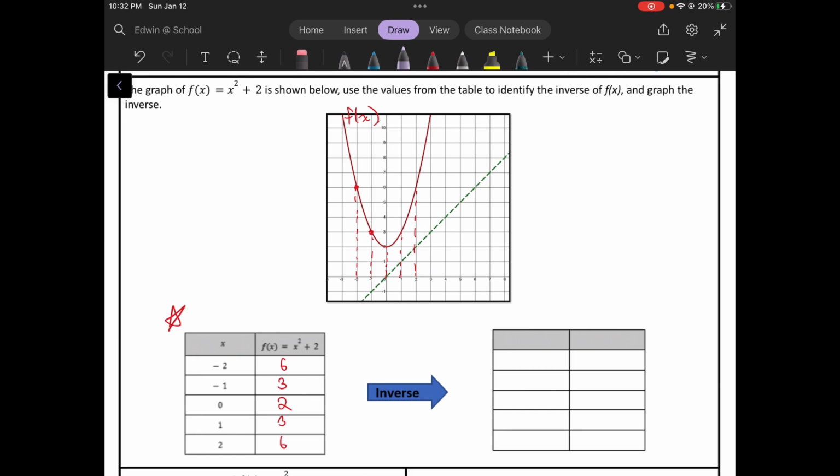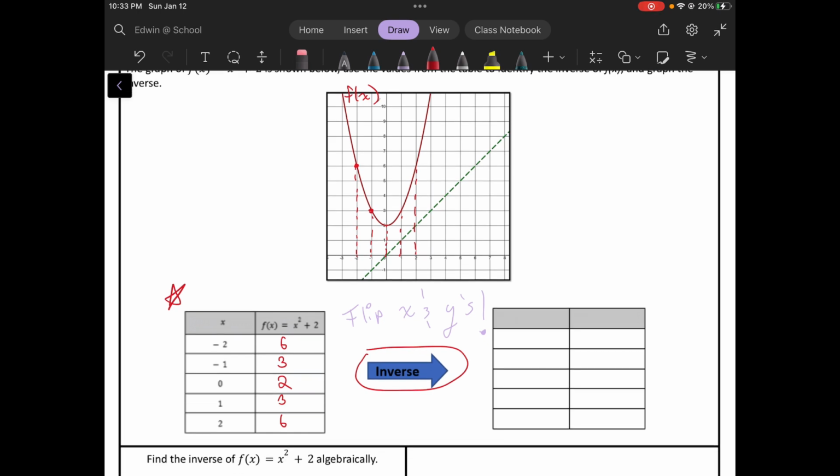Now, whenever we have an inverse, that means we are going to flip the x's and y's. We've gone over this many times, especially in Unit 1. But inverse basically means flipping the x's and y's. So that means the first column is going to be my f of x's, my y values.